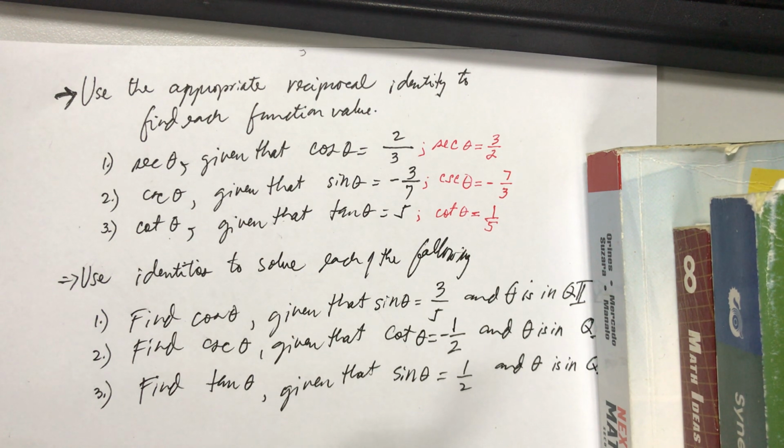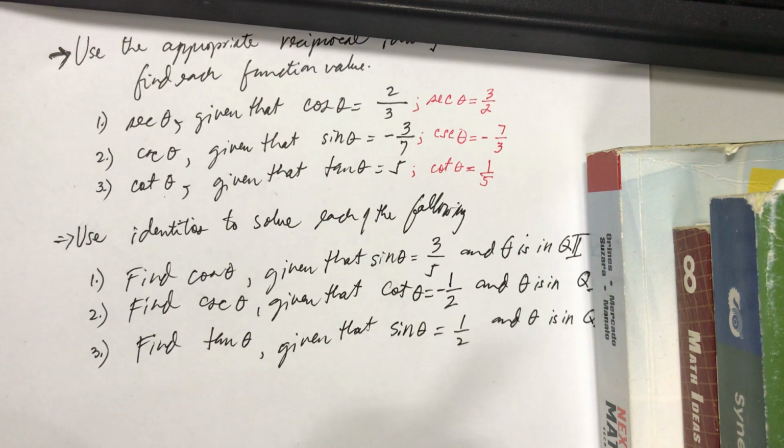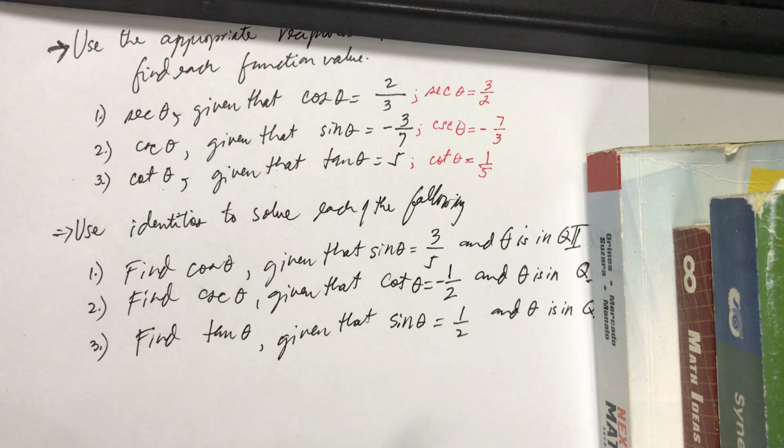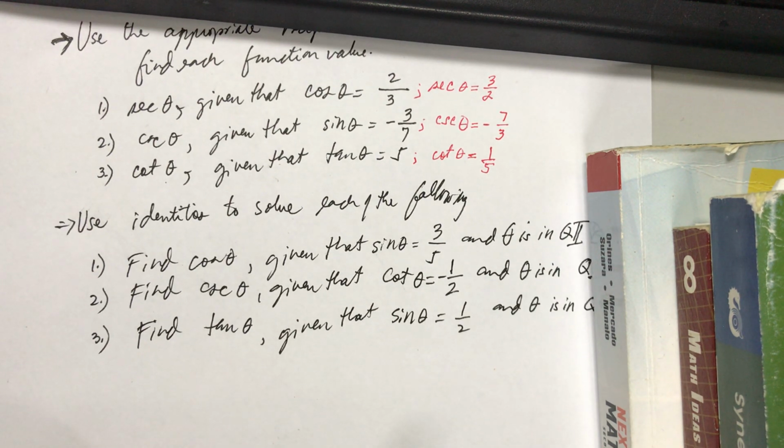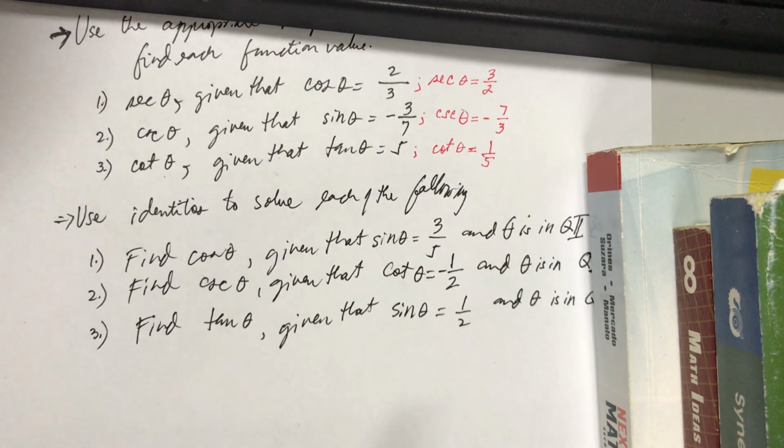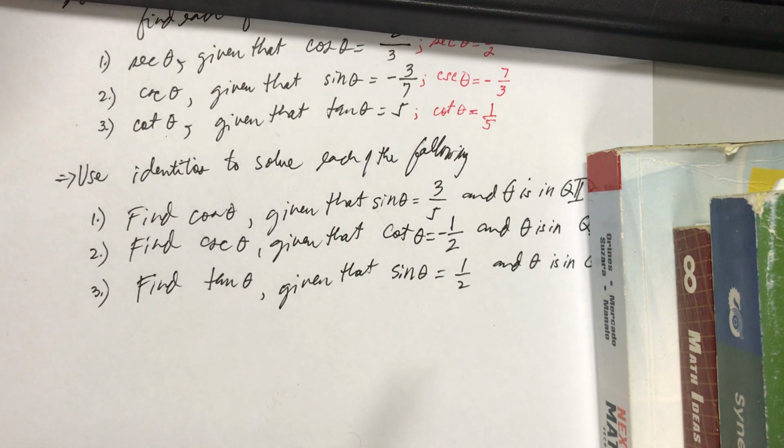Meaning to say, the angle is in standard position, vertex at the origin, initial side at the positive x-axis, that's non-negotiable. The terminal side of that angle is found in quadrant 2. So that's one thing that you have to put in mind. So how do we do this one?